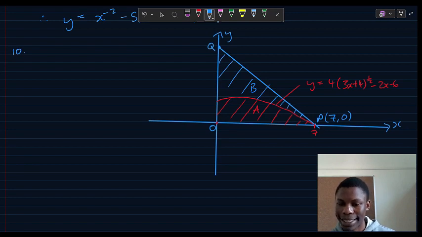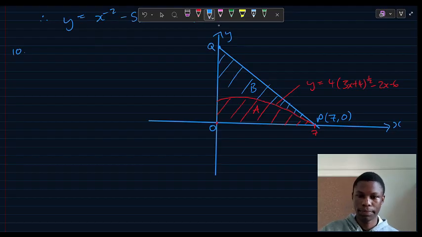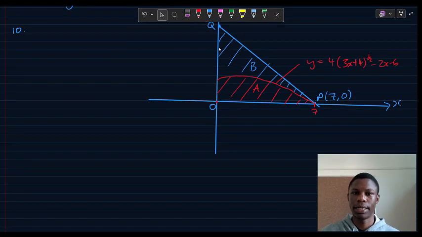Region A is bounded by the curve and the two axes, our y-axis and our x-axis. Region B is bounded by the curve, the line segment PQ, and the y-axis. Part A says find the area of region A. All right, so region A, that's the red area.